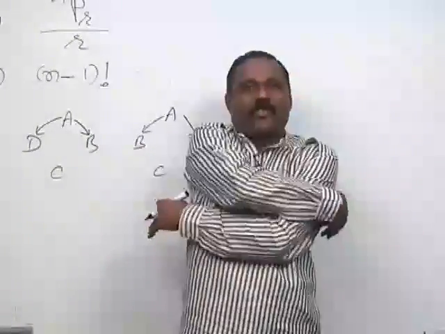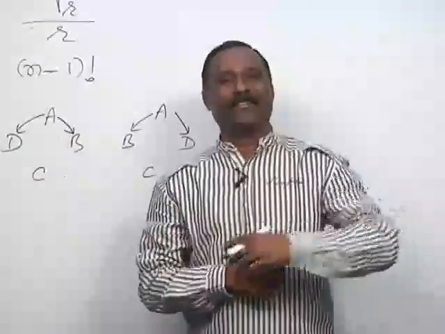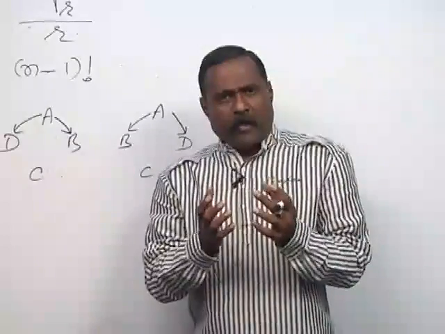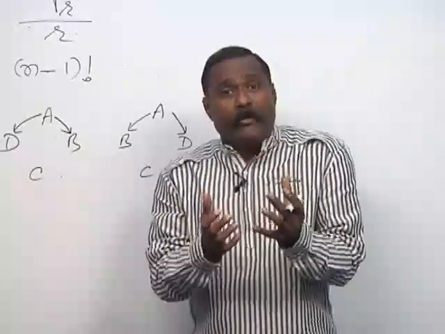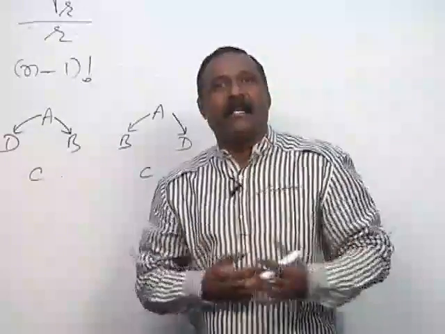If these two are interchanged, then I will be knowing B becomes D and D becomes B. So, when a human is there, human will be knowing left side and right side.